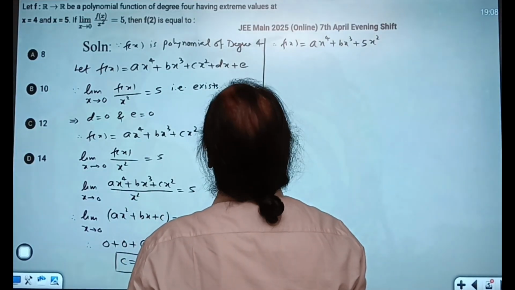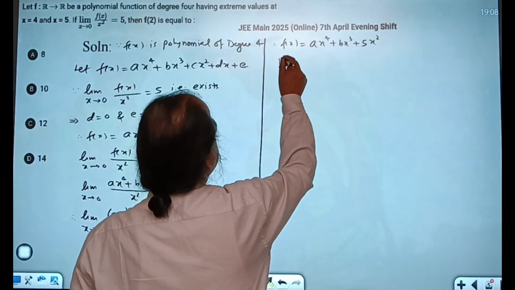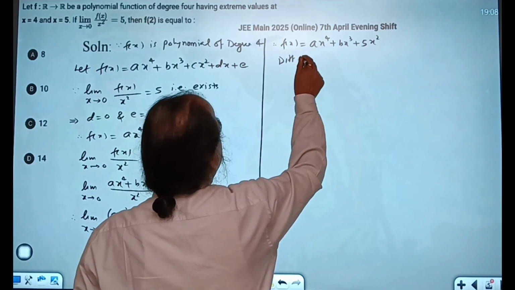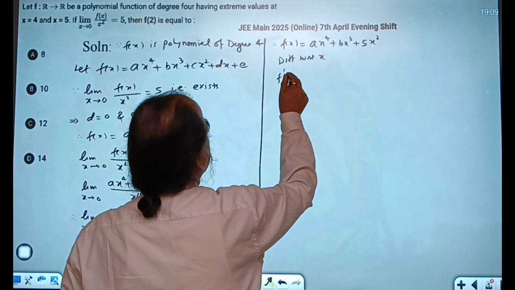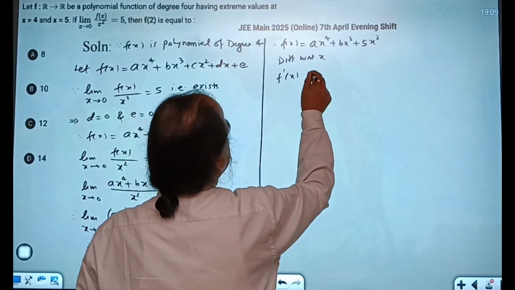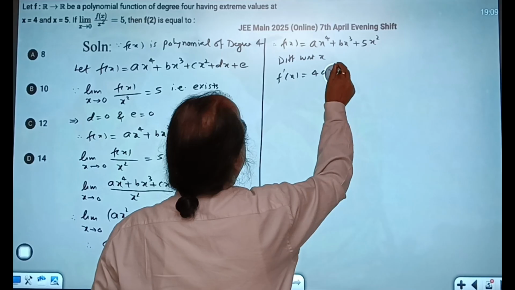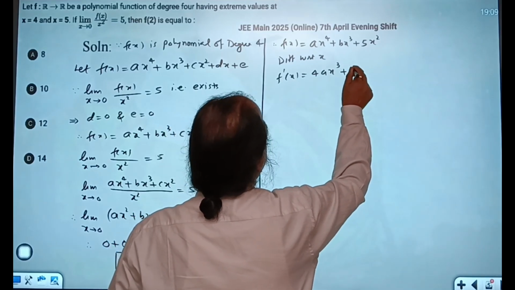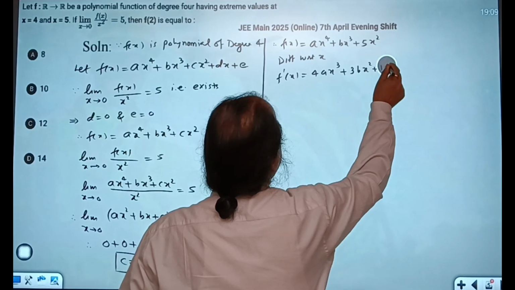Now further, extreme values at x is equal to 4 and 5. Differentiating with respect to x, f dash x is 4ax cube plus 3bx square plus 10x.